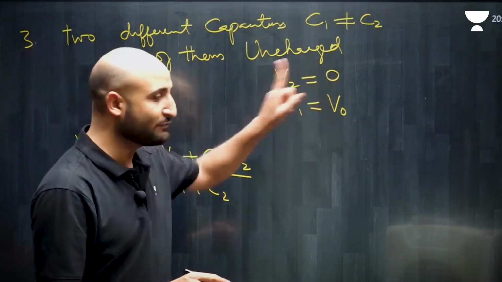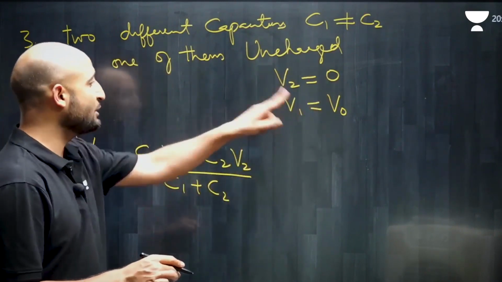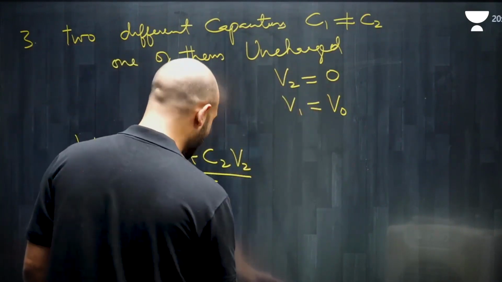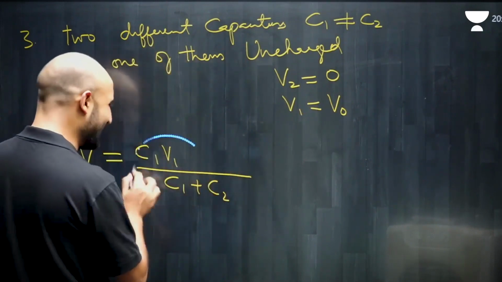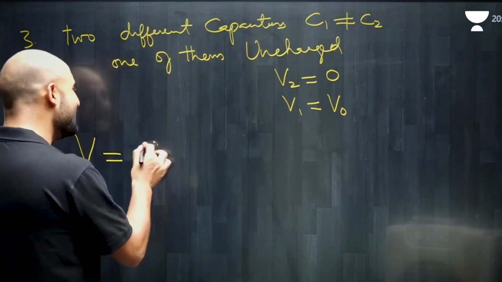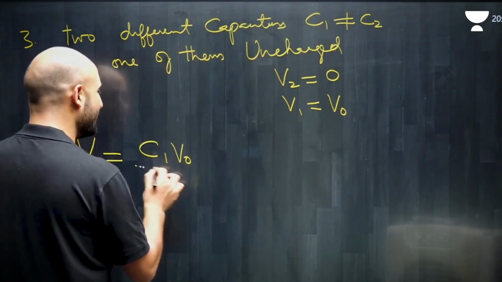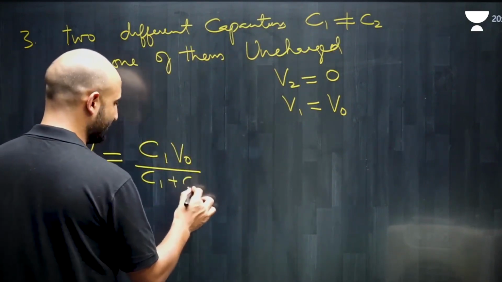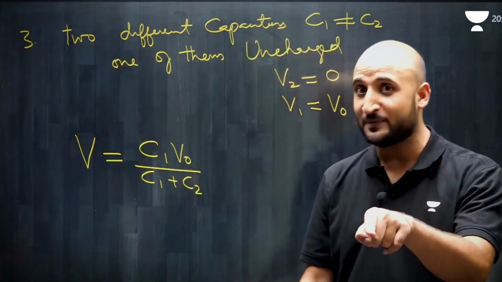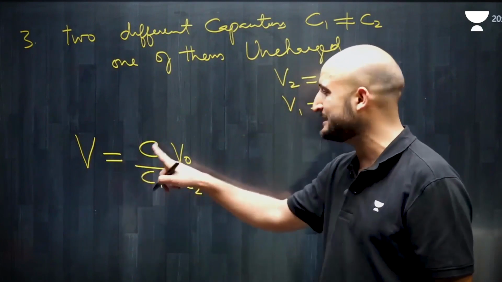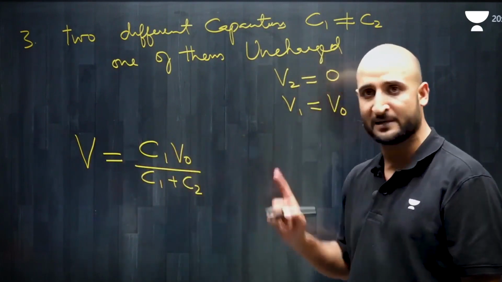But V2 equal to 0 and V1 equal to V naught, so it will be C1 into V naught divided by C1 plus C2. You have two different capacitors, but one of them is uncharged. Common potential is C1 into V naught divided by C1 plus C2.